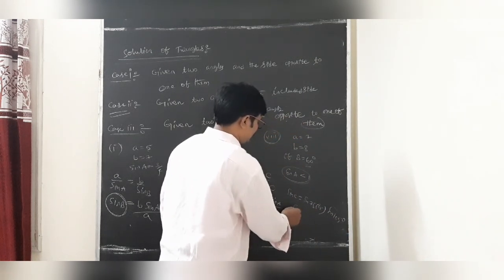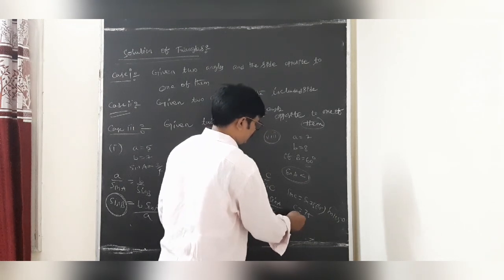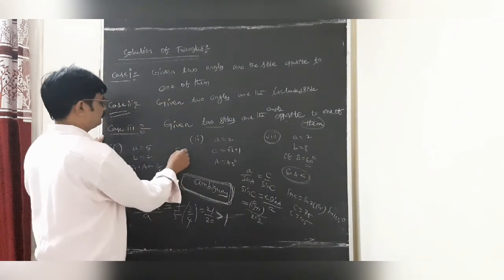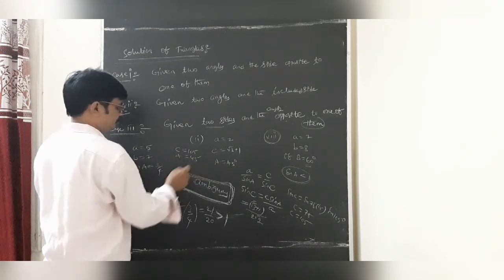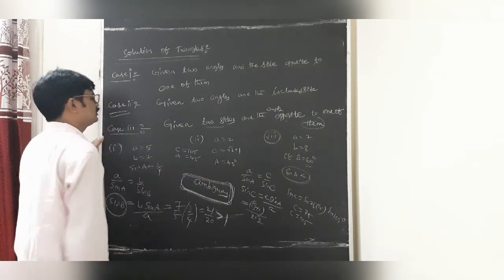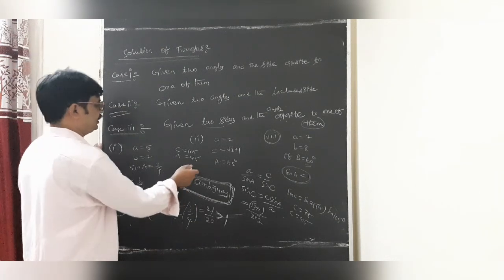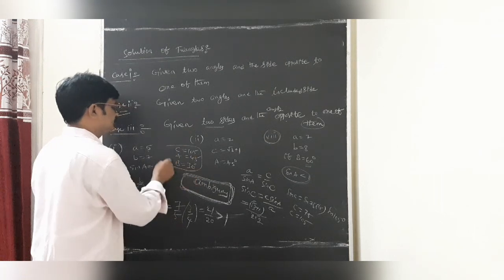So here C equals either 75 or 105. If you take C as 105, A is 45, so the sum is 150. So undoubtedly B will be 30.